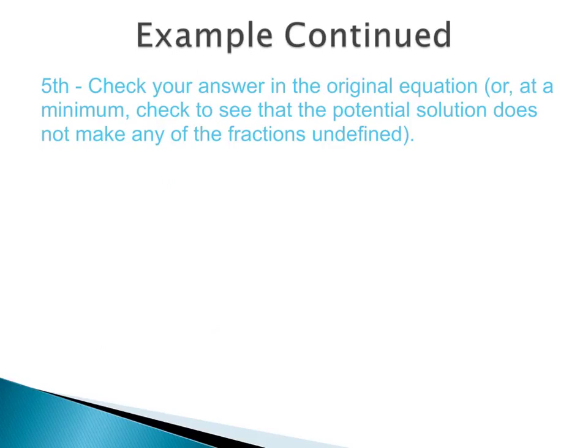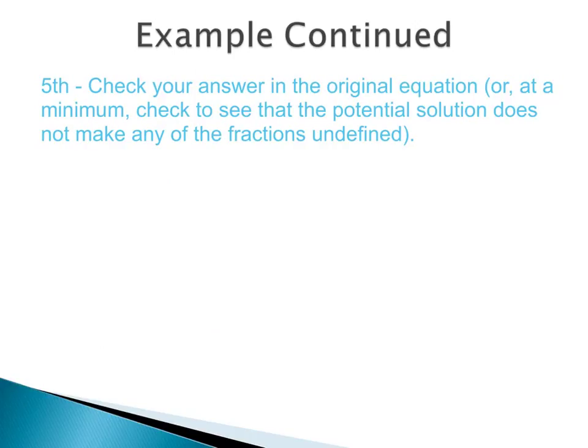Now, anytime that we're solving an equation, we should go back and plug in, substitute into the original, and make sure that both sides are equal to each other. But for rational equations, it's imperative that at a minimum, we check whether or not our answer makes a fraction undefined. Since we're dealing with fractions, remember we cannot have a 0 in the denominator.